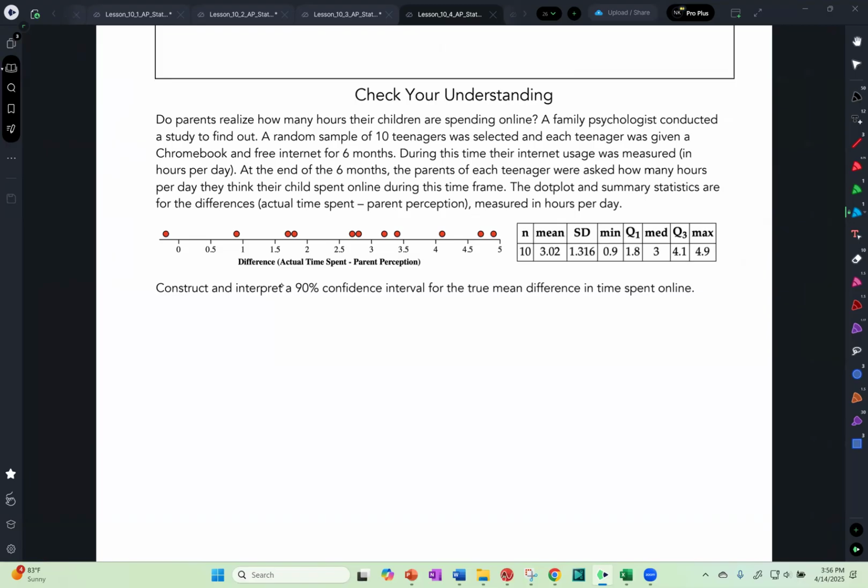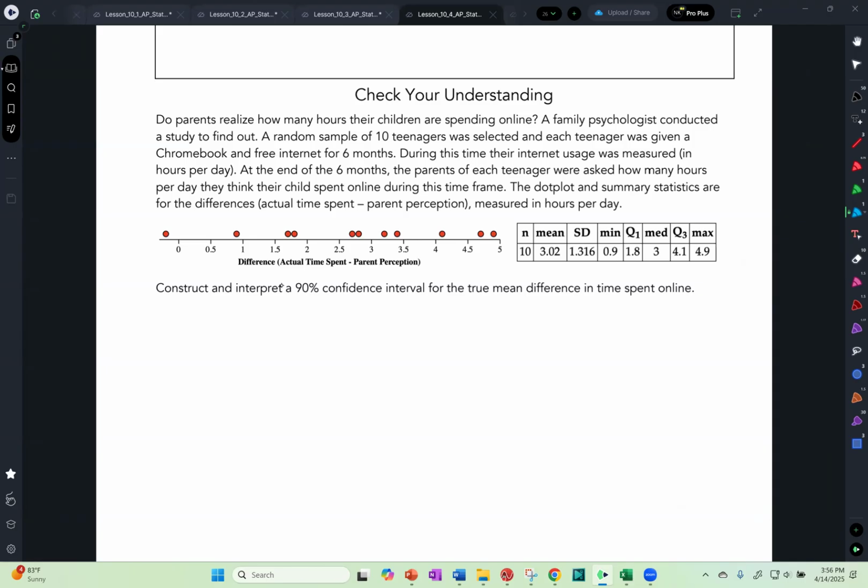So, do parents realize how many hours their children are spending online? Family psychologists conducted a study to find out. A random sample of 10 teenagers was selected. Each teenager was given a Chromebook and free internet for 6 months. During this time, their internet usage was measured. At the end of the 6 months, the parents of each teen were asked how many hours per day they think their child spent online during this time frame. The dot plot and summary statistics are for the differences, actual time minus parent perception, right?